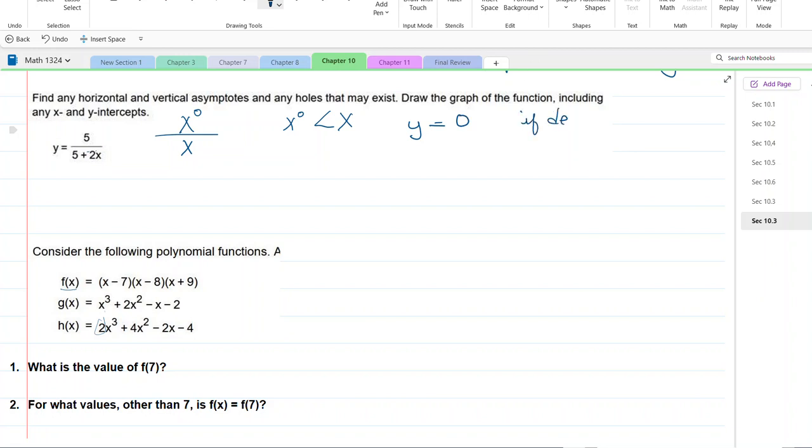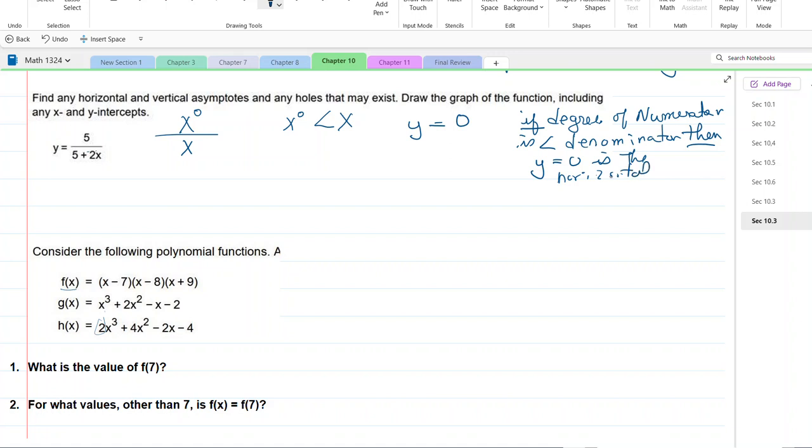If the degree of the numerator is less than the denominator, then y equals 0 is the horizontal asymptote. So we have this condition.